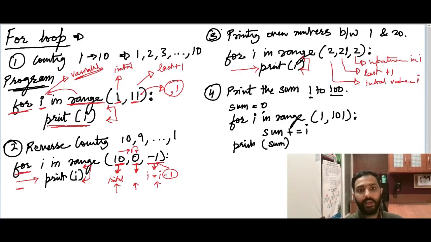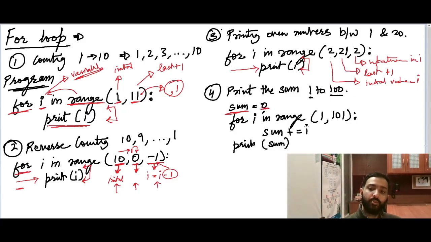So here, sum is the variable which is initialized with 0. After that, in each loop it will be added with the value of i, which will have value 1 in the first iteration. In the second iteration it will have value 2 and so on till value 100.